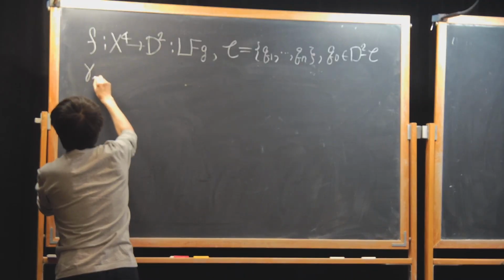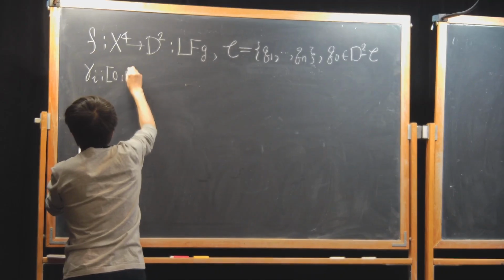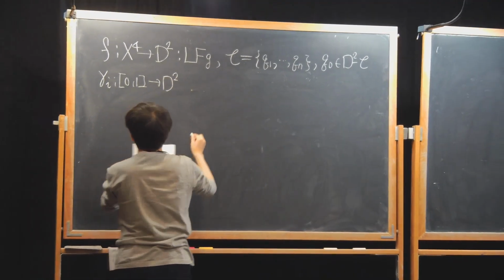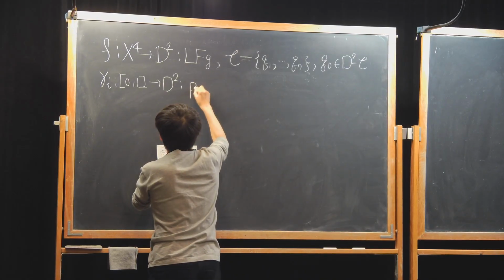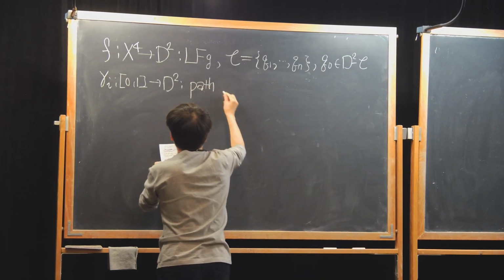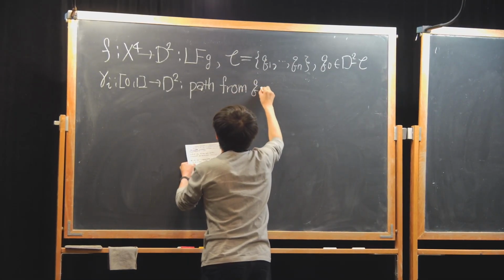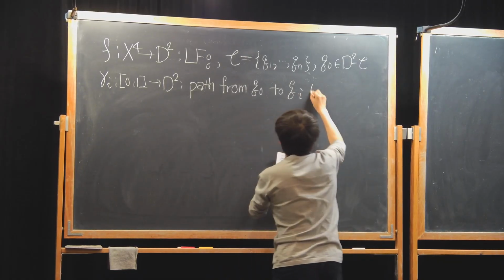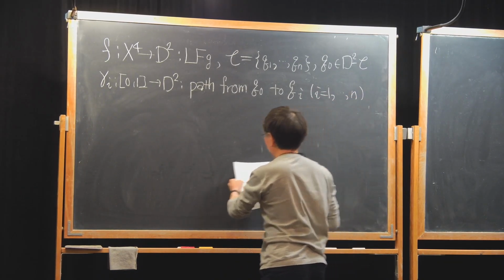And take gamma i from the interval to D2. This is a path from Q0 to Qi, where i is 1, 2, ..., n. Okay?